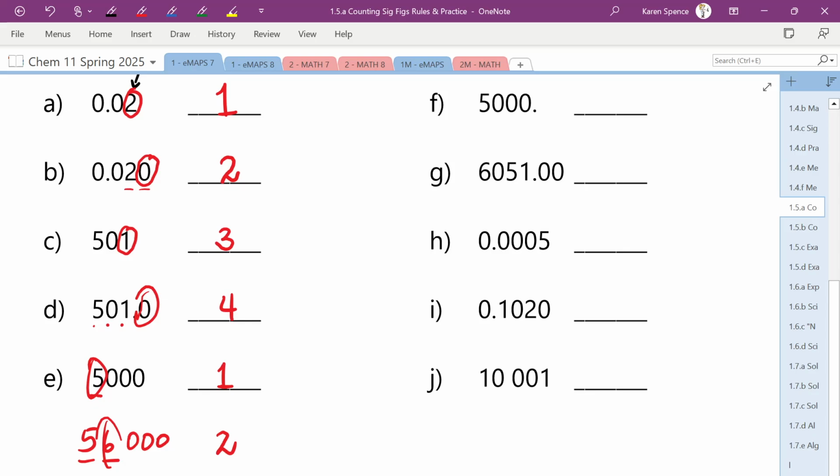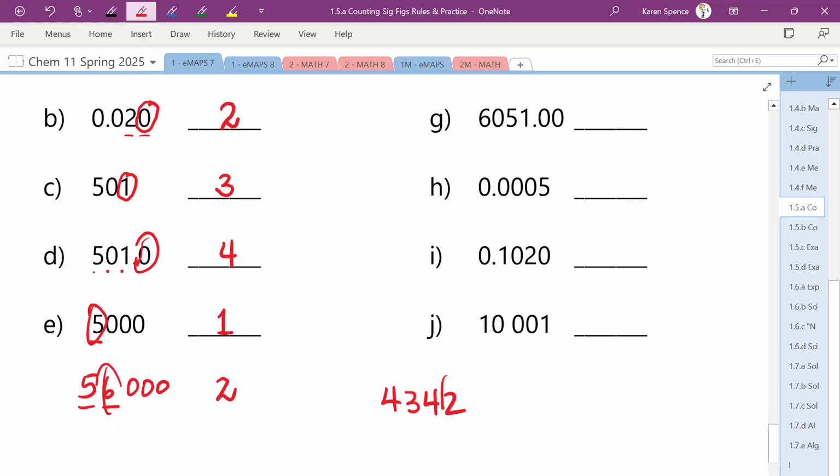Sometimes, if I had 4,342, even though there is no decimal, that's my uncertain digit because all of them are significant.